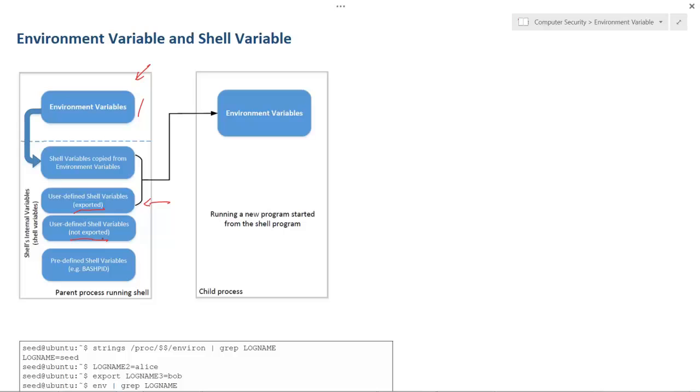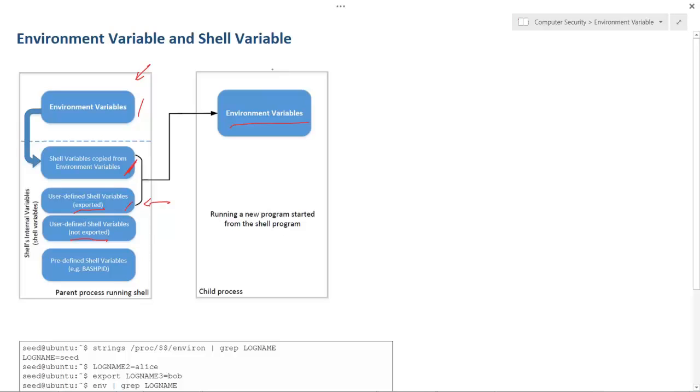Now, if you create a new child process, the ones copied from the environment variables are automatically exported, and the one that you exported will be copied to the new process and becomes its environment variable. That's how a shell variable that you define here becomes the environment variable of the child.